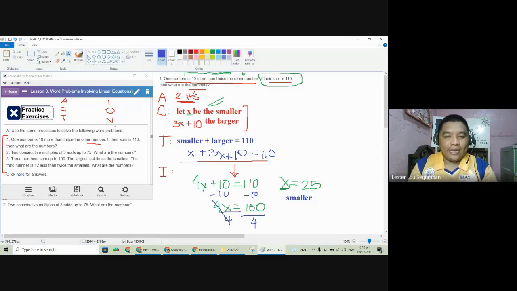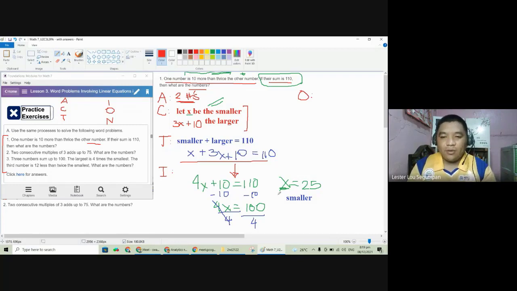Now, where do we go after this? We have O and N. O is only possible if there is more than one thing asked. If the question is only asking about the smaller number, then you don't need to use O. But since we are asking about the two numbers, let's proceed with O. O in our acronym stands for overplay. And when we talk about overplay, it's simply telling us to solve for the other.